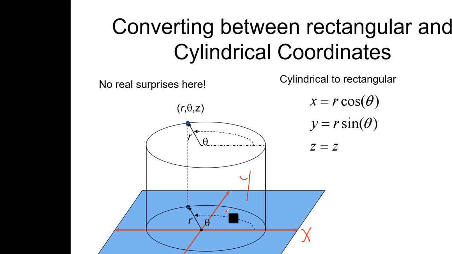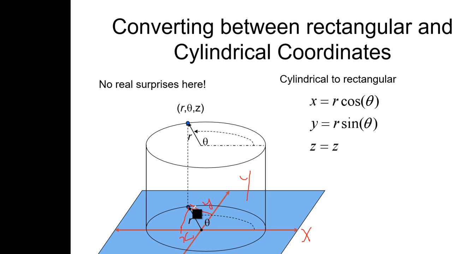So in this case, this r has components. If I draw a perpendicular to the y-axis, and I also draw a perpendicular to the x-axis, this is x, this is y.